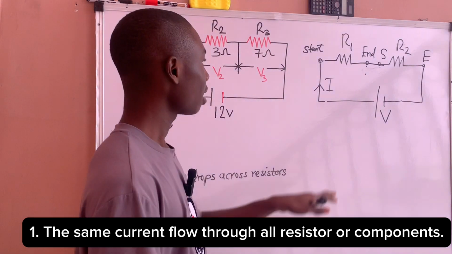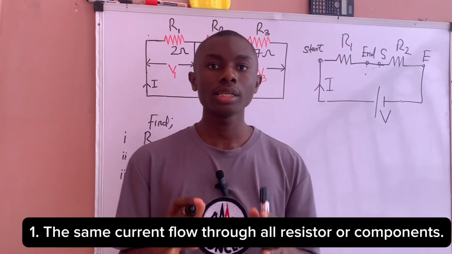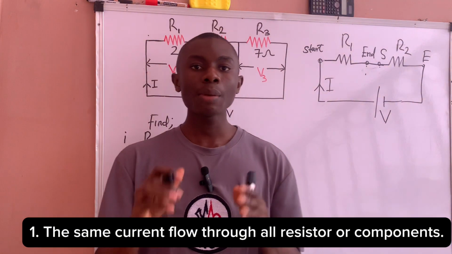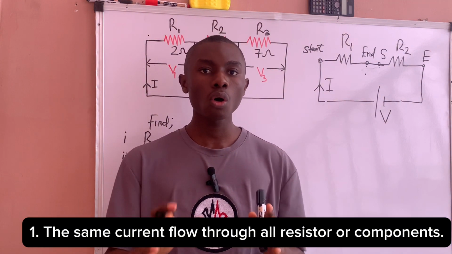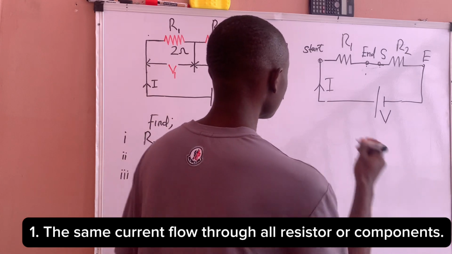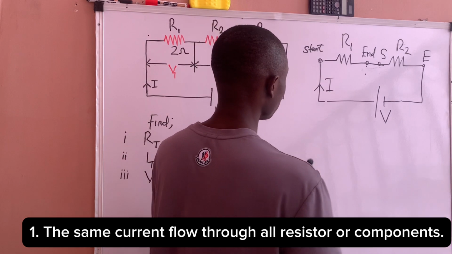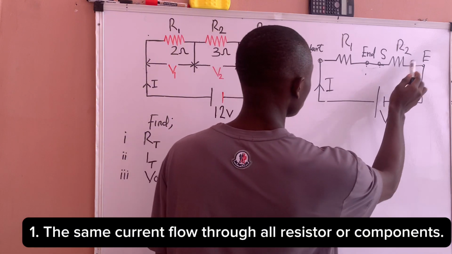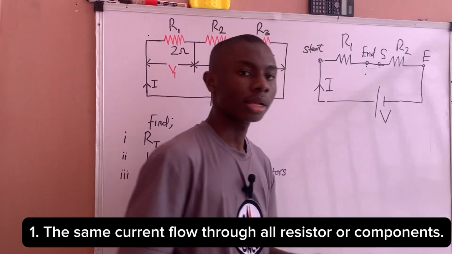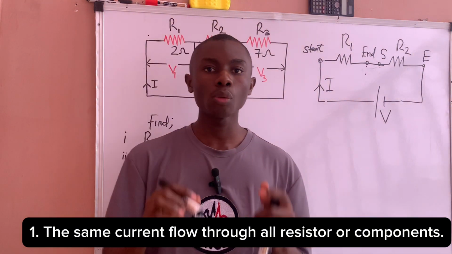It is this same supply current I that flows through resistor R1 and resistor R2 and back to the battery. That is how a series circuit operates.